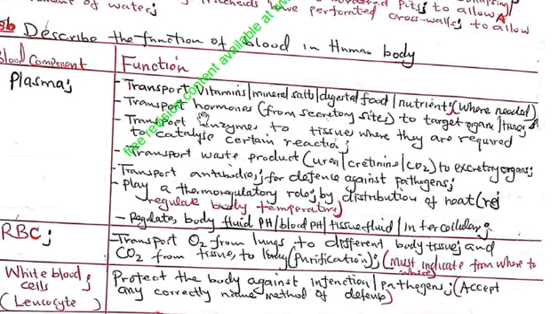Apart from that, they transport hormones from places of secretion to target organs or to the tissues. You must explain from where to where in order for you to get the correct marks. Then also transport enzymes to tissues where they are required to catalyze certain reactions.